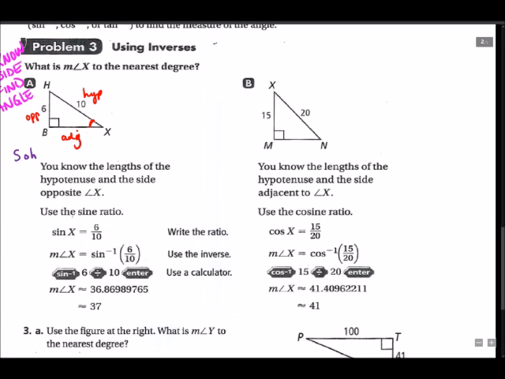So that's right. We're going to use sine. So I write sine theta equals opposite over hypotenuse. Sine theta equals opposite is 6, hypotenuse is 10. Now we can use our trig table.